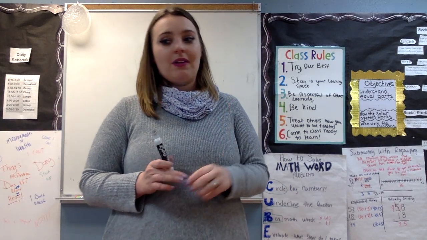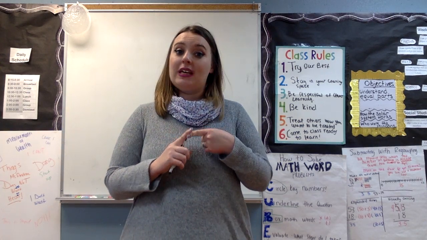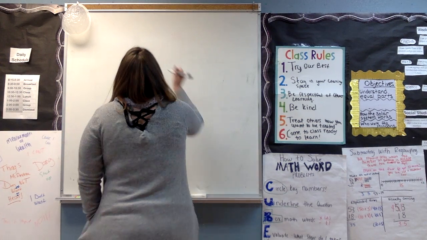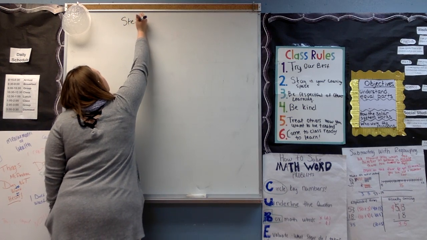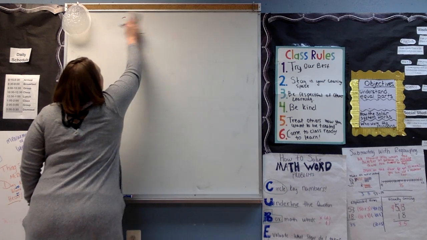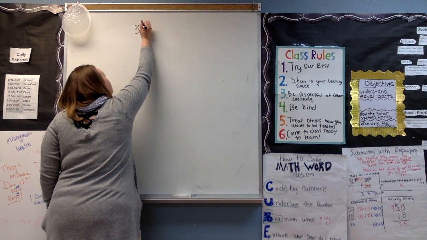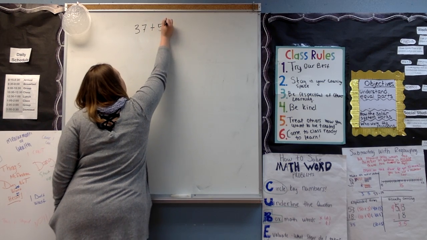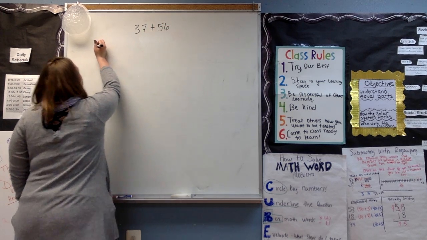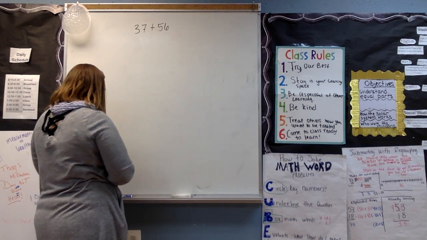So estimating and rounding. Step 1 is we're going to identify what place we're rounding. Okay? Step 1. So here's how we're going to do this. I'm going to write a problem up here. All right, and I'm going to color code my steps.